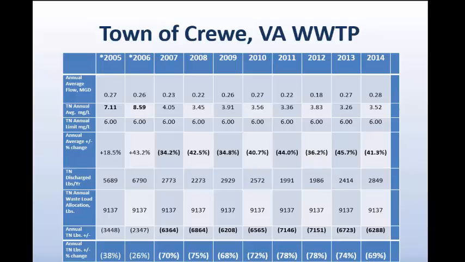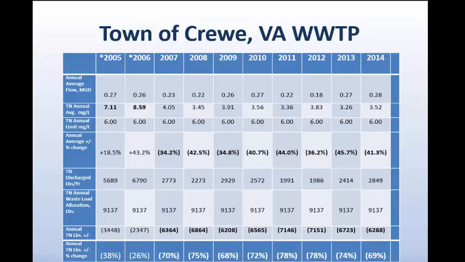You can see in the second column our total annual average for total nitrogen in 2005 and 2006, which was prior to putting any controls in, was 7.11 milligrams per liter and 8.59. Below it, the new total nitrogen annual limit for us is 6 milligrams per liter. So in those 2 years, we exceeded, no matter how many pounds we discharged.